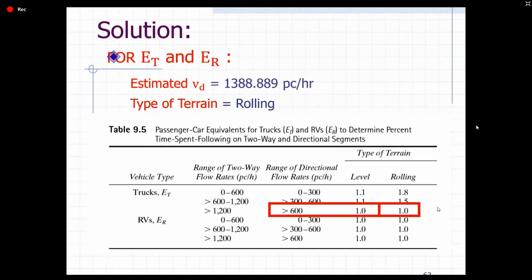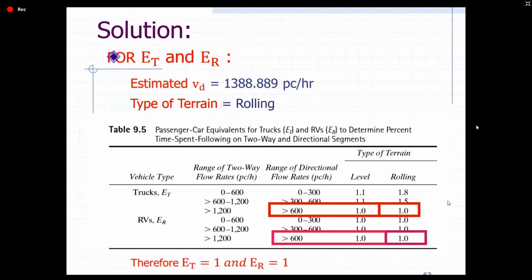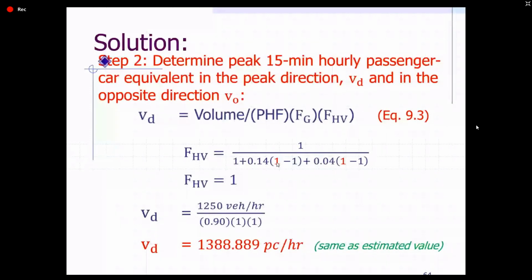So 1.0 siya. And greater than 600, ayun, 1388 kasi yung value natin. That's why it is 1.0 din lang. So substitute natin ito. You can determine your FHV is 0 sa baba, 0 sa baba. So 1 divided by 1, that is 1. Substituting, you now have your V sub D is the same as your estimated value.